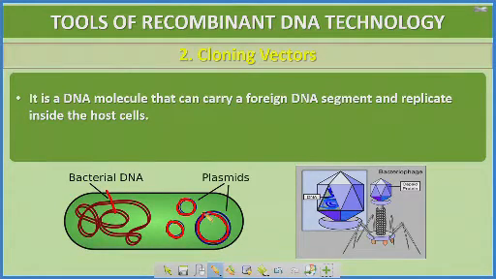So, the various cloning vectors are used in the recombinant DNA technology.